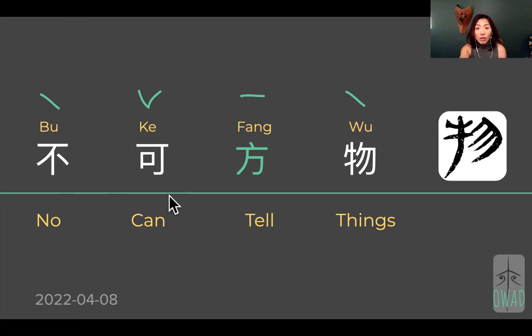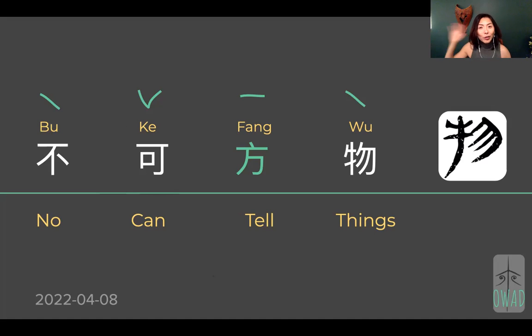But 不可方物. 不 is negation, we talked about that before. It's a bird shooting upward toward the sky, refusing to get back to Earth. That's saying no to Earth. That's the concept of no. 可 means able. Yes, you can. I forget how this character came into being, but it's very commonly used even in contemporary language. 不可 means no can, you cannot. The negation in Chinese is always placed before the verb.